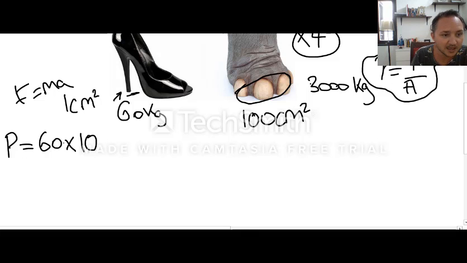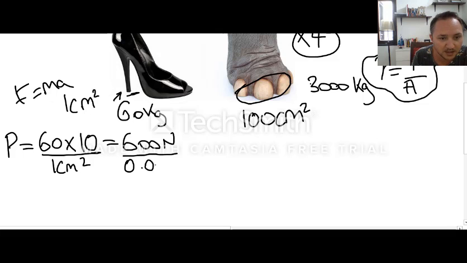So actually, her force is 60 times 10, which equals 600 newtons. Now, looking at her area, we have already said that it's 1 centimeter squared. So in meters squared, that is going to be 0.0001 meters squared.